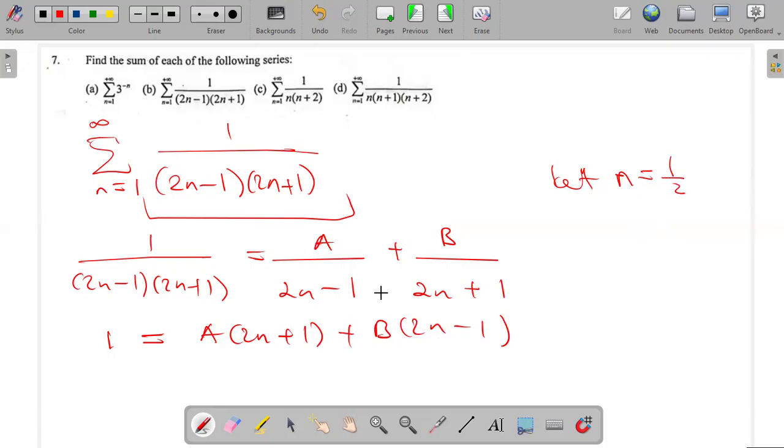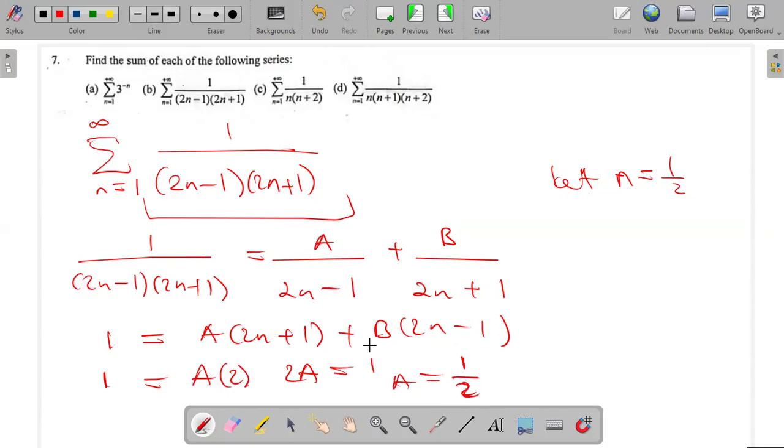So with n equal to half, this will be A times (1 plus 1), which gives me 2, and the B term, half times 2 minus 1, just gives me 0. So I remain with 2A equal to 1, and this gives A equal to 1 over 2.